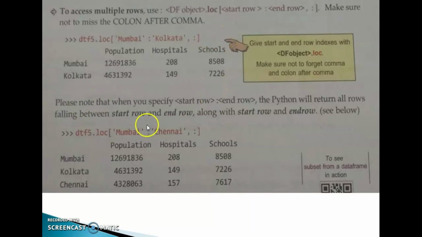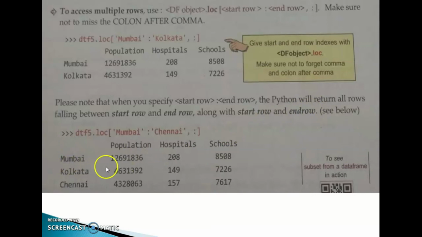Then next one, check this one, Mumbai, colon, Chennai, comma, colon. Please note that when you specify start row, colon, end row, the Python will return all rows falling between start row and end row along with the start row and end row. Starting row and ending row, these two rows are included in this.